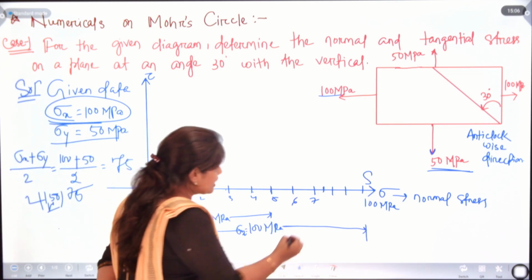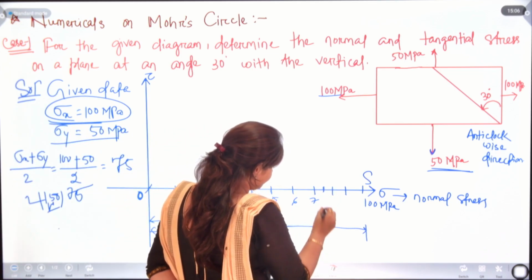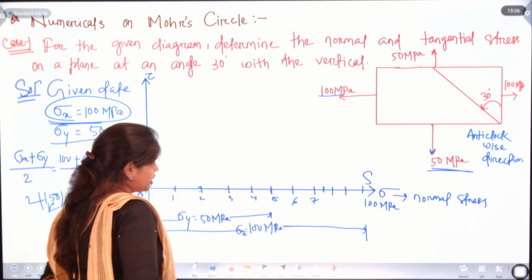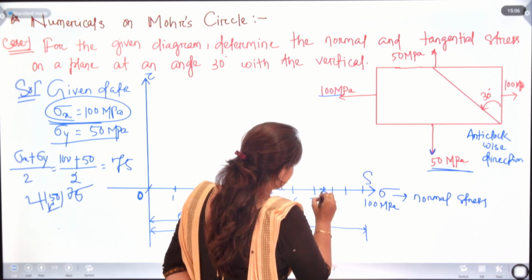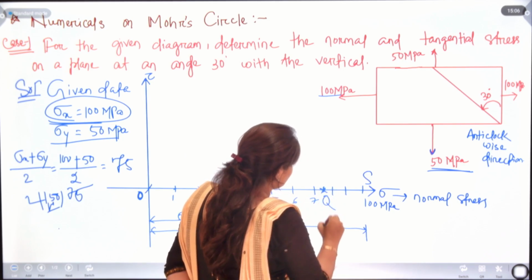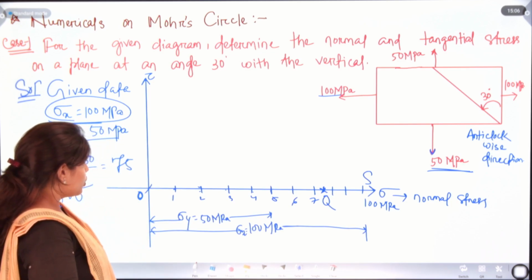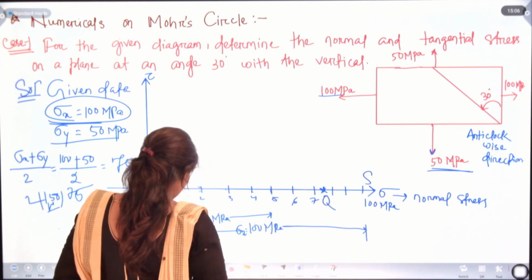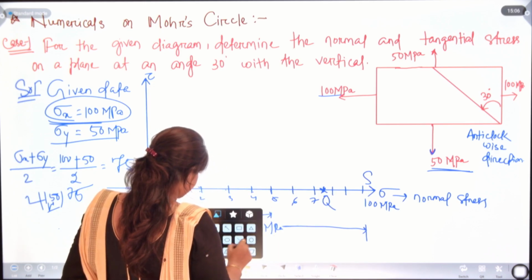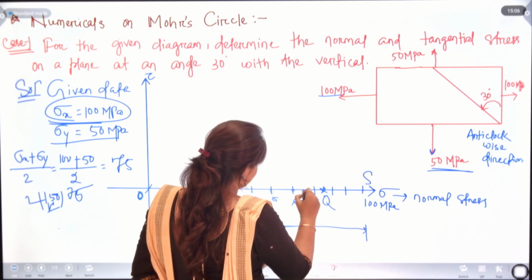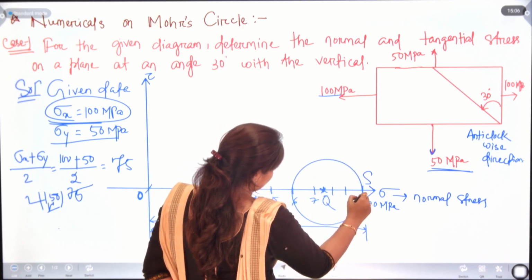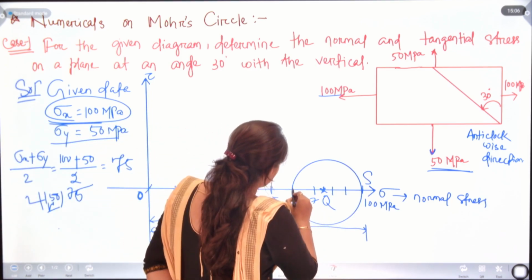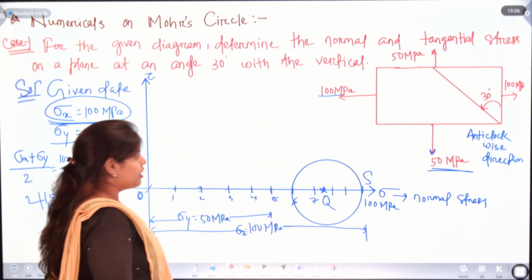Let us take it as Q, right. So, now from this point to this point, we will draw the Mohr circle diagram. Here we have the smallest Mohr circle, I think. So, we will draw the Mohr circle.